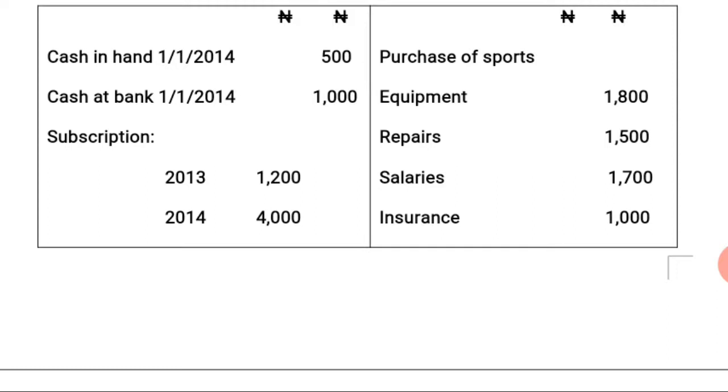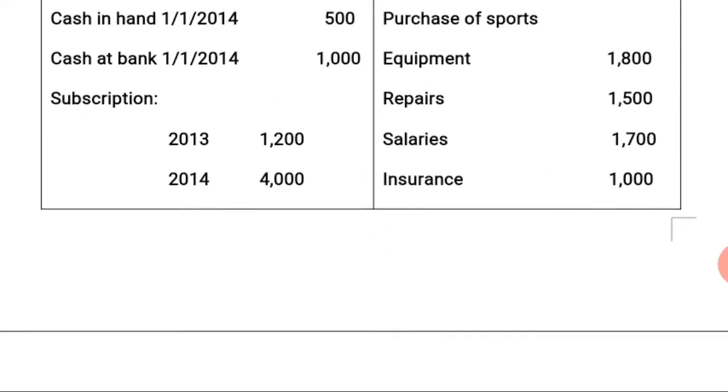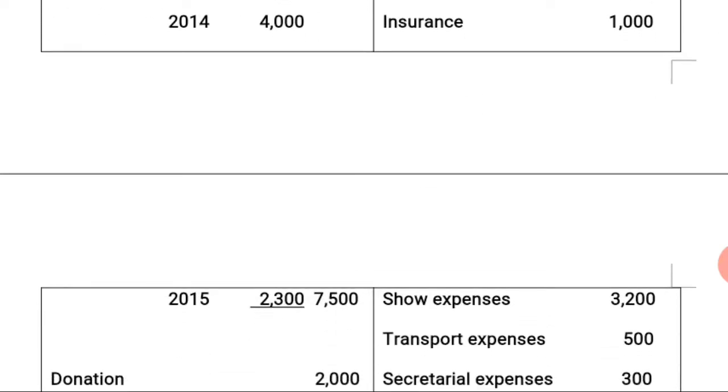Though they were collected in the year 2014, the years they are meant for are 2013, 1200 naira, 2014, 4000 naira, and 2015, 2300 naira. So the total of the subscription collected during the year 2014 was 7500 naira.